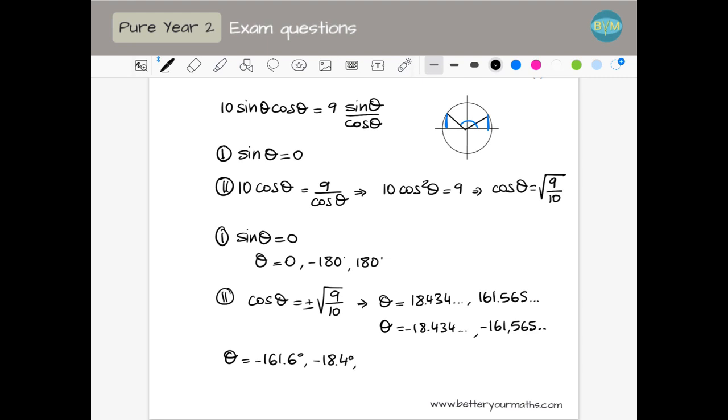You don't need to write them in order if you don't want to. So minus 180 degrees, then 0, then 18.4 degrees, 161.6 degrees and 180 degrees. So I have 4, 5, 6, 7. Those are my answers.